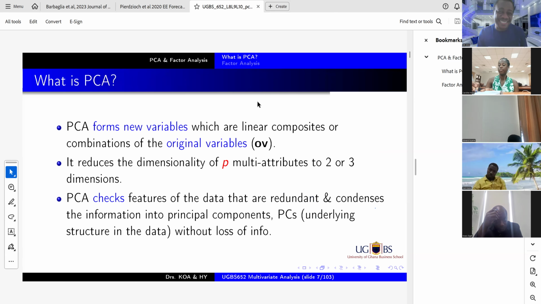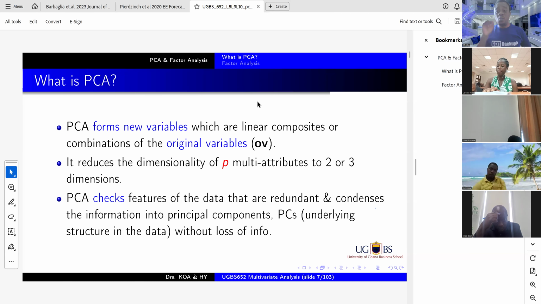So let's try to get the essence of what PCA is. What PCA is doing is forming a new variable from the original variables. This new variable becomes a linear combination of the original variables, but each one is weighted.